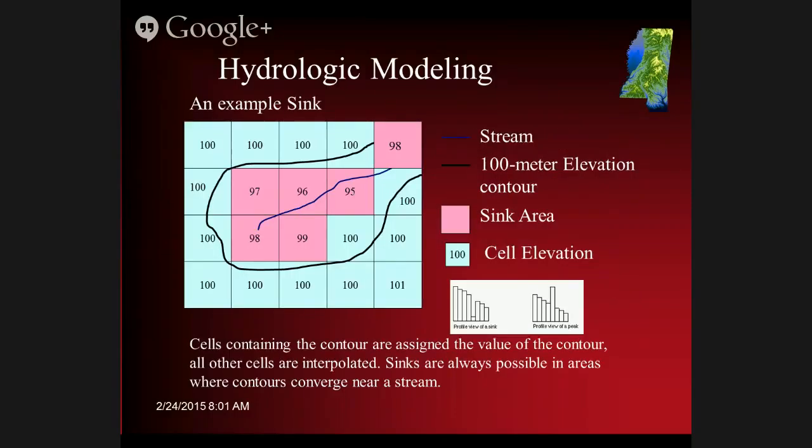So here's an example of a sink using hydrologic modeling. None of the cells in this sink would flow out anywhere because this is a value of 98. This cell would flow to this cell, which would then flow to this cell, and same with this one.